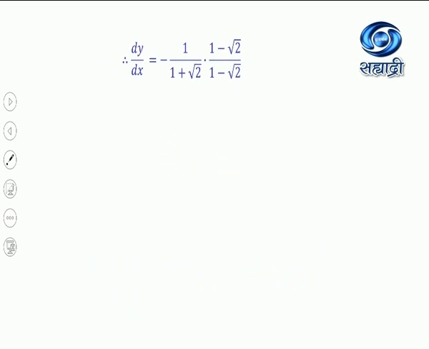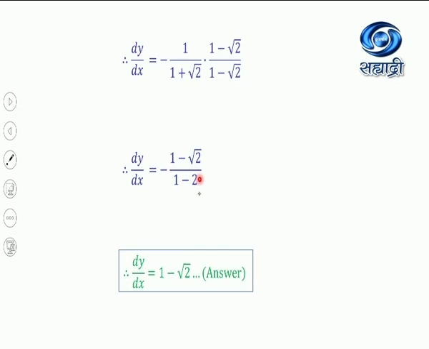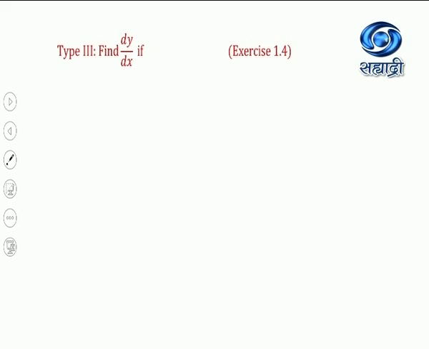So our next step is 1 minus root 2 as it is, 1 square is 1, minus root 2 square, that is 2. So finally we get 1 minus 2, that is minus 1, minus minus becomes plus, and so the answer is 1 minus root 2. It's our final answer.